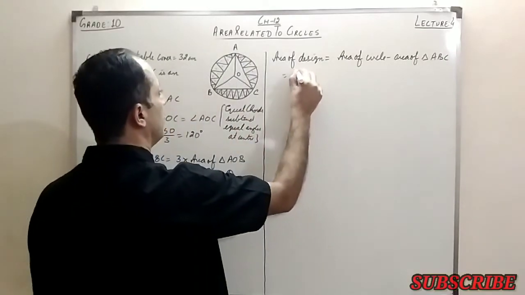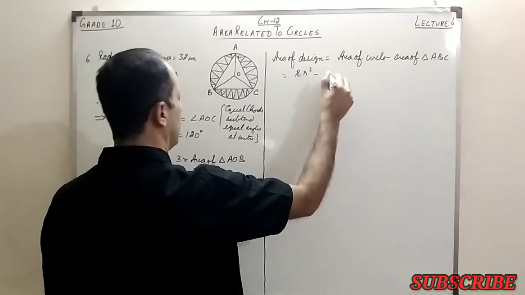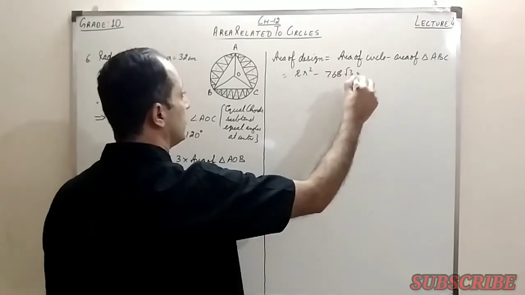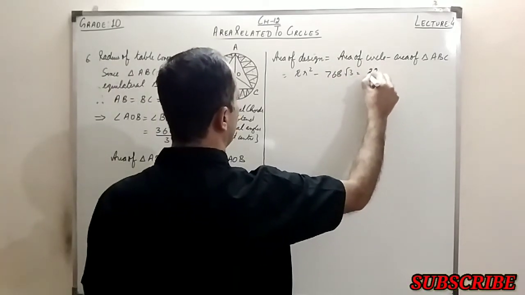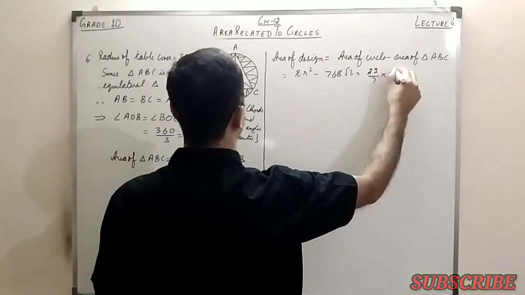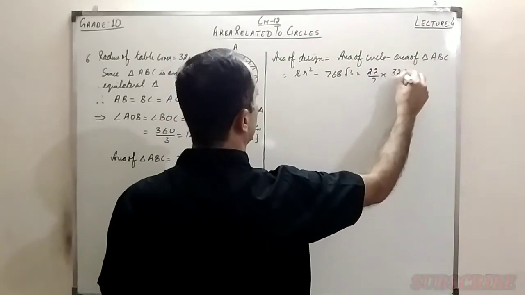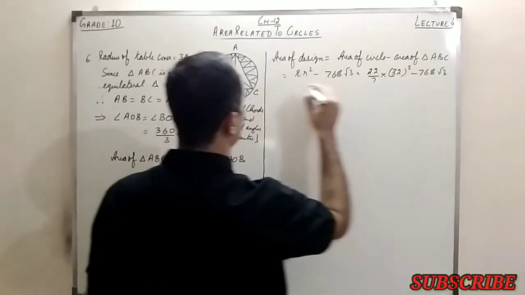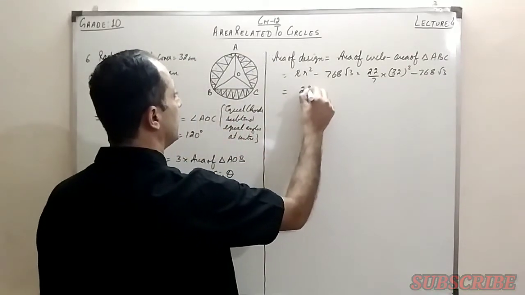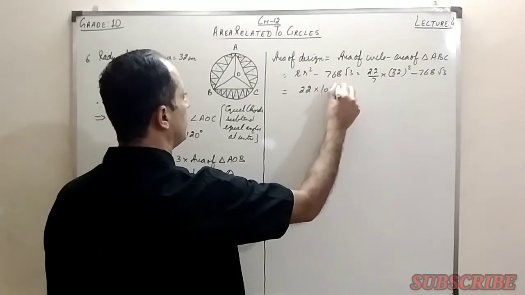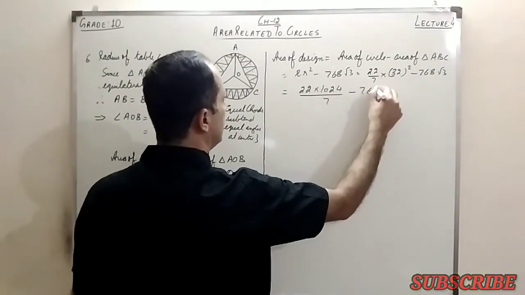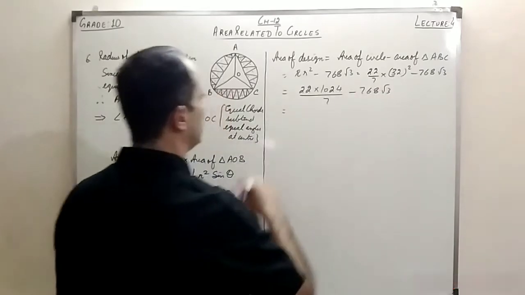Now that is pi r square minus 768 root 3. So this is 22 by 7 into 32 square minus 768 root 3. So that is 22 into 1024 upon 7 minus 768 root 3.